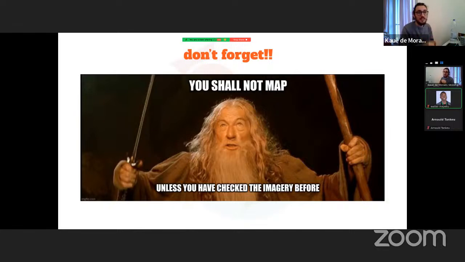It's a very important thing to do. So the first thing when you're going to edit OpenStreetMap data, always check the imagery before, and always adapt the offset beforehand, so you don't end up drawing something that is very close to one road and very far apart from the other road. So listen to the wise.